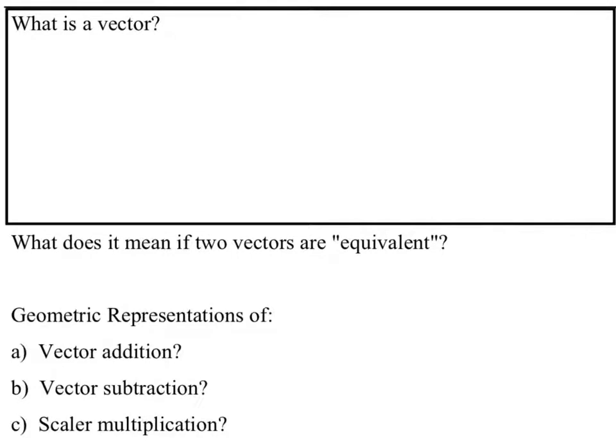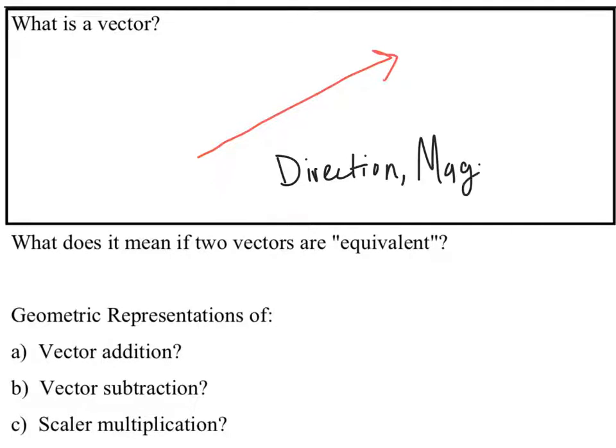All right? So what is a vector? A vector is something that has a direction and it has a magnitude or length. Okay?